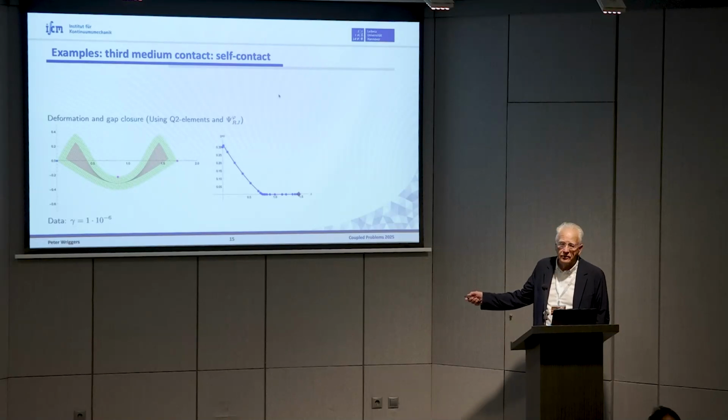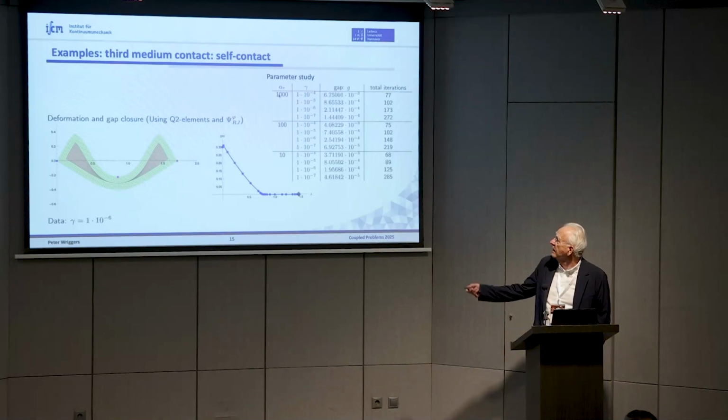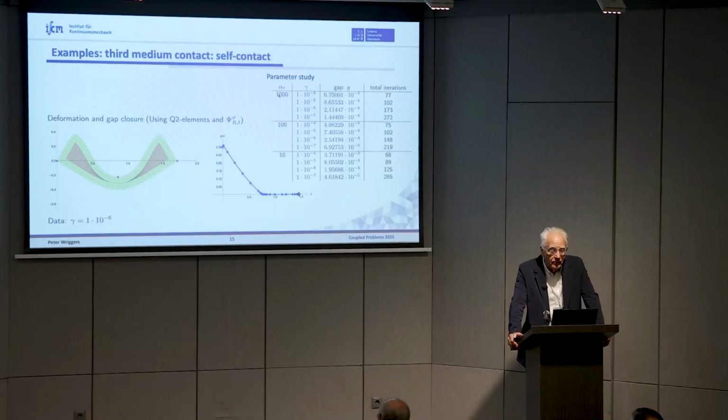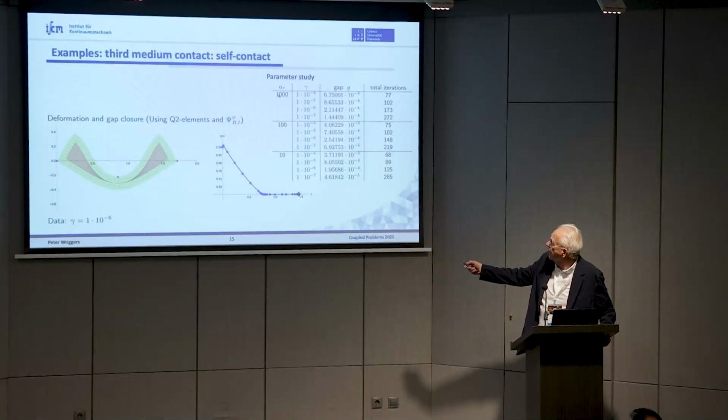For engineering purposes, this is 0, right? But this is what you get. And actually you can do a little bit of a study. You can use different parameters in your formula, and you can find out how well you can approximate the gap.